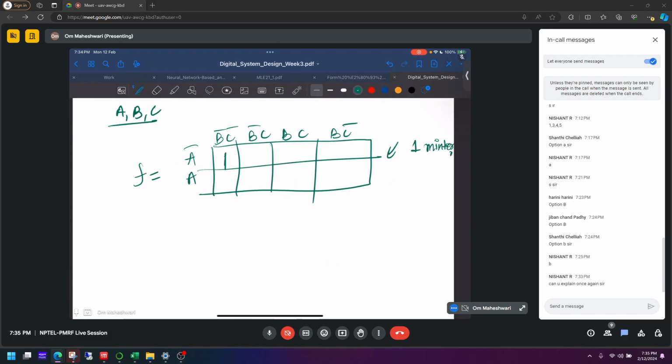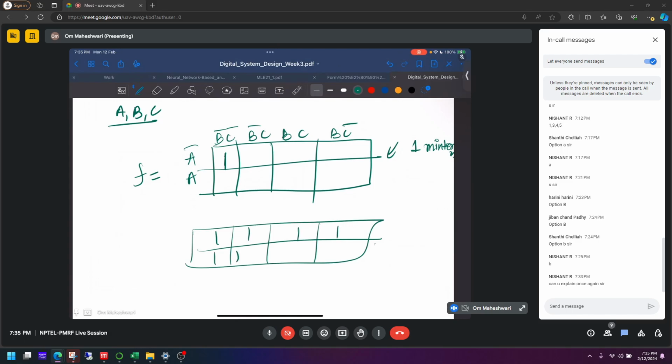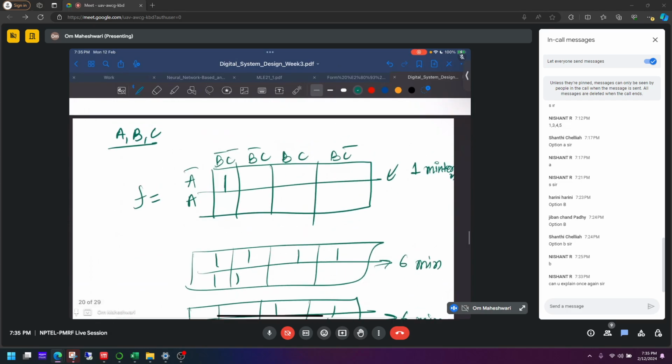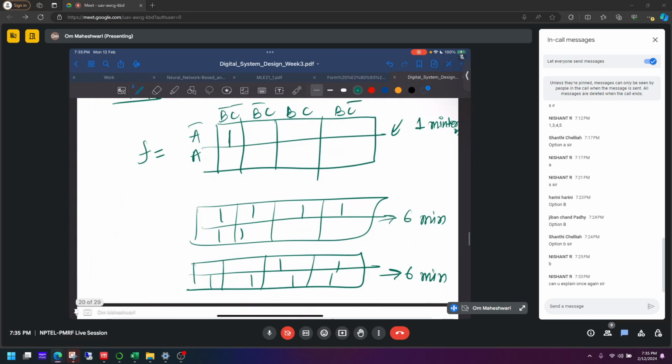Similarly, if I make something like this, 1 2 3 4 5 6, this has 6 minterms. If I make something else, 1 2 3 4 5 6, this also has 6 minterms, right? So the question is saying you have to tell the total number of functions which will have the number of minterms between 1 and 6.